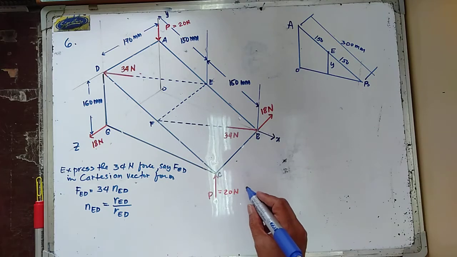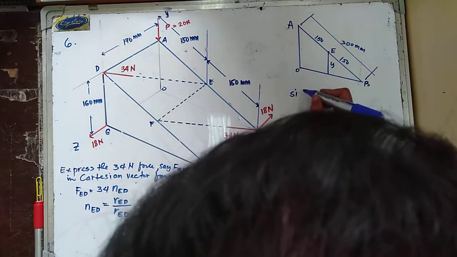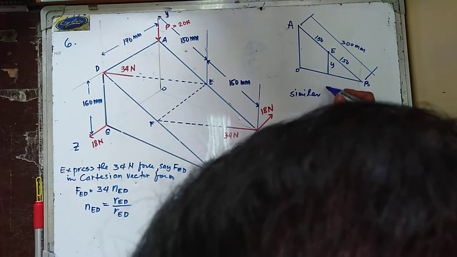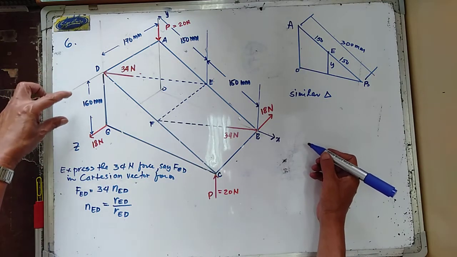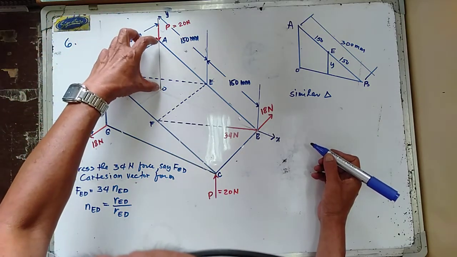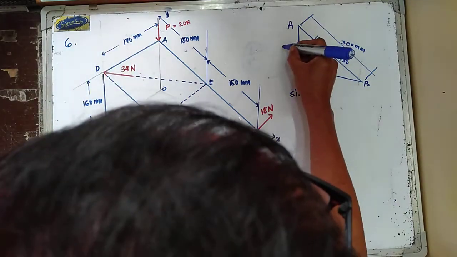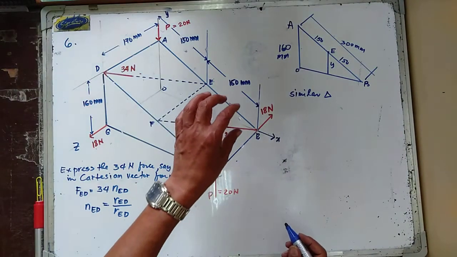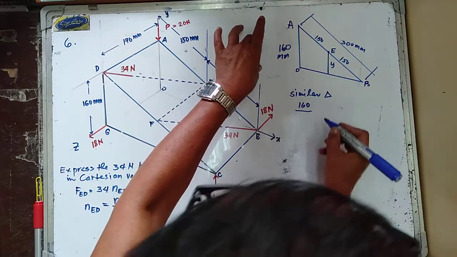Now, using similar triangles, OA in here is equal to 160 mm.